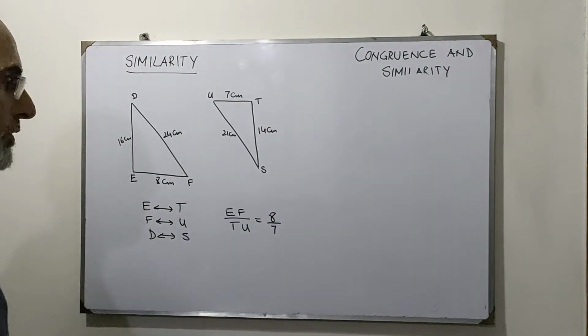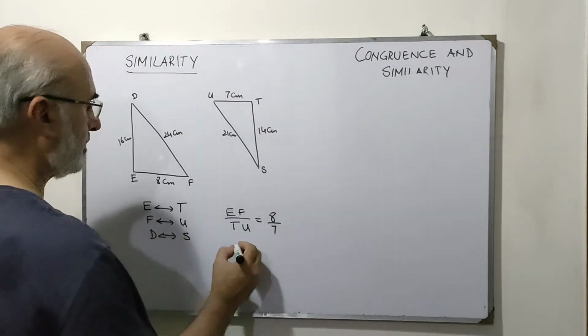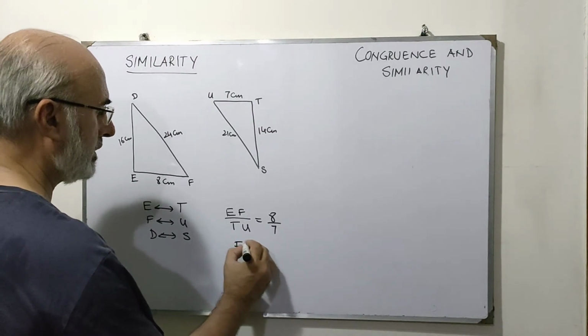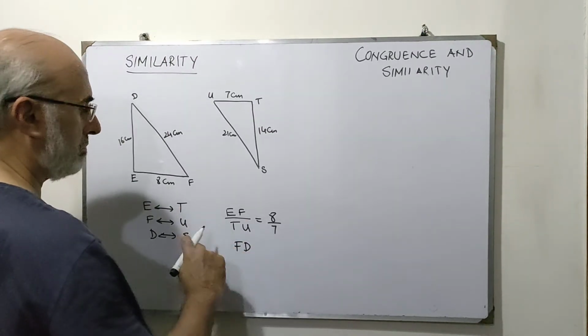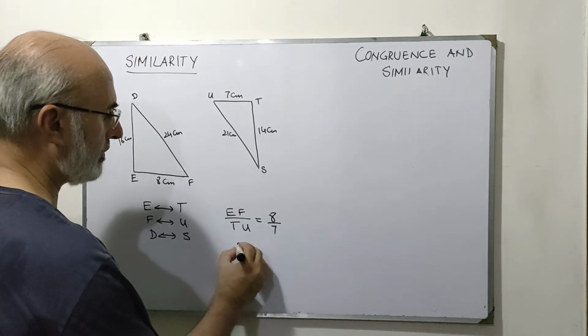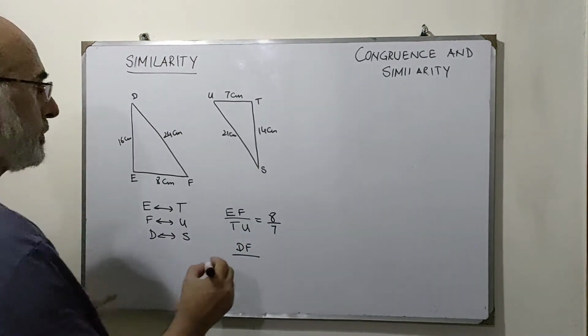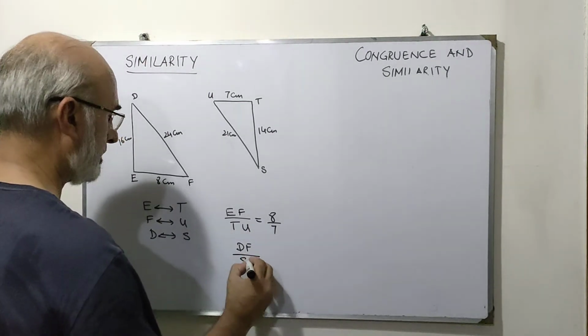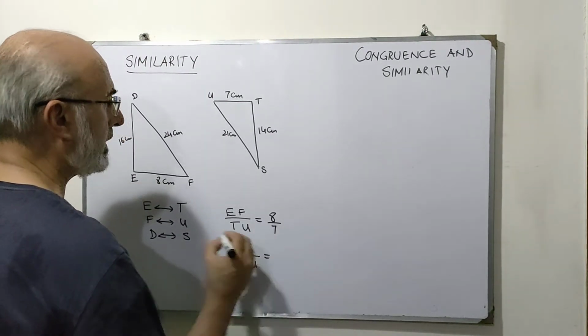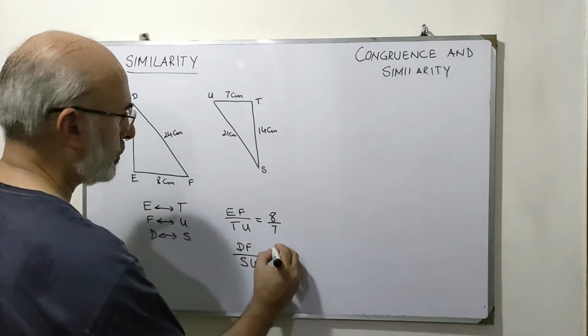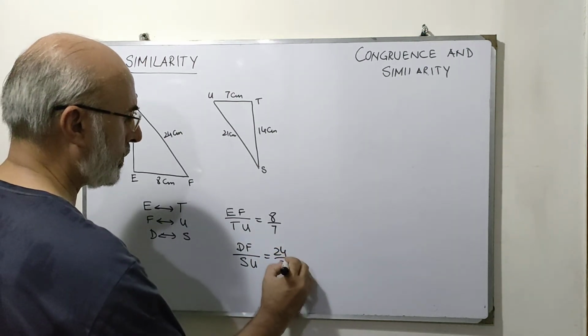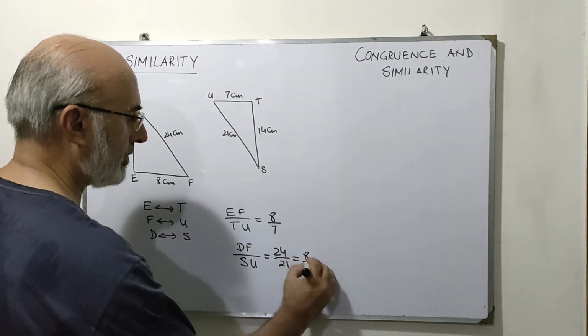The second, DF over SU, is 24/21, which is again 8/7.